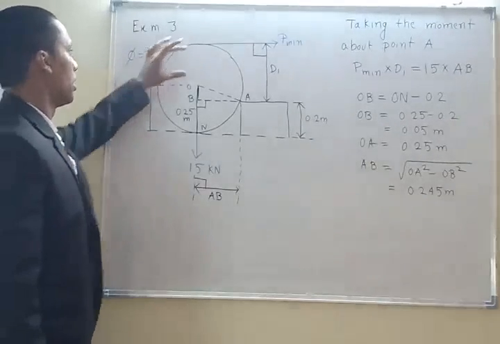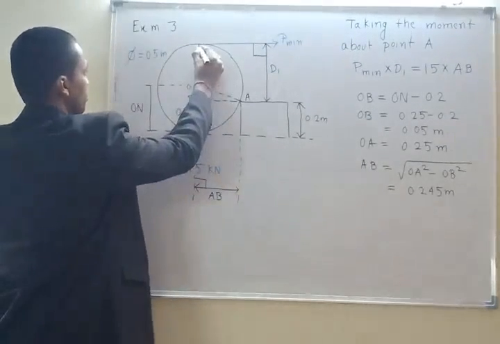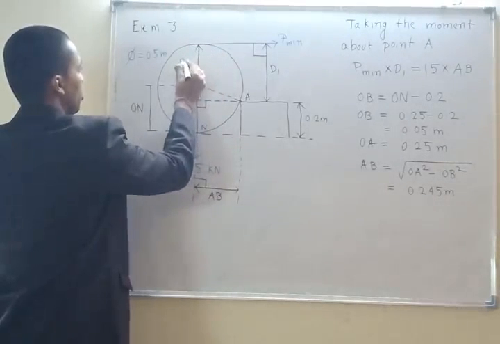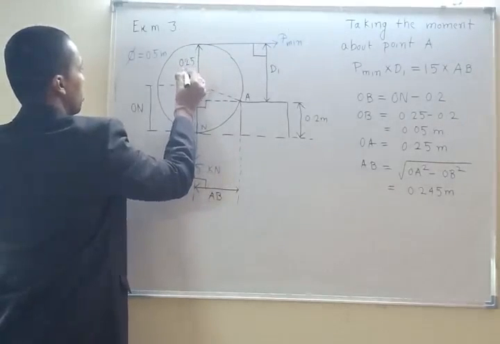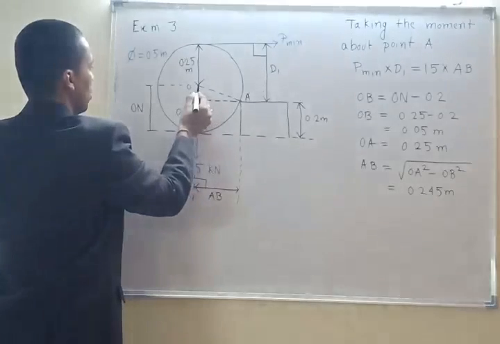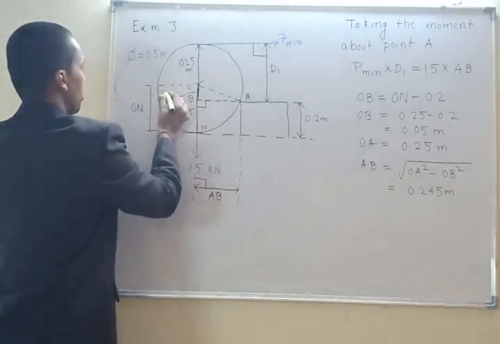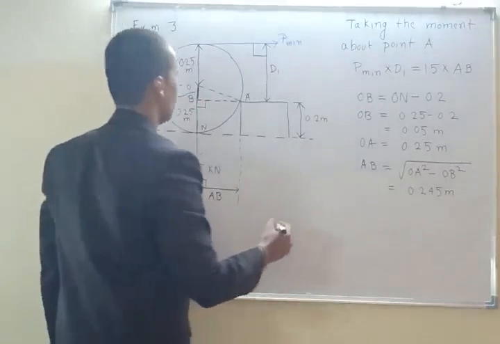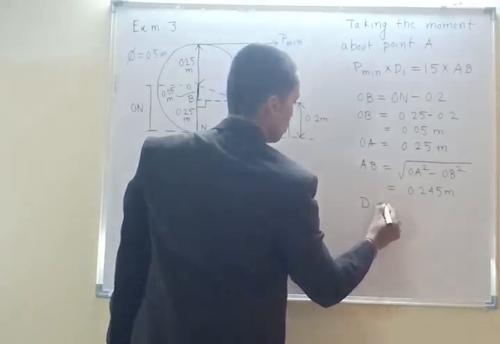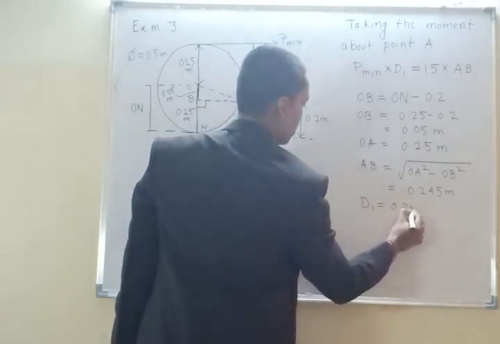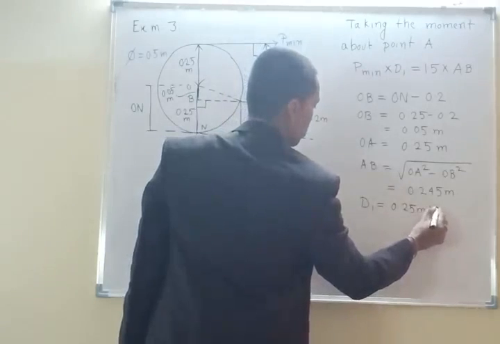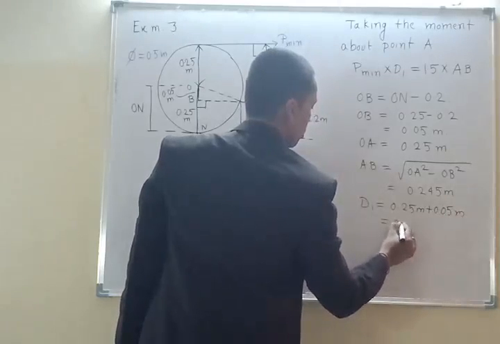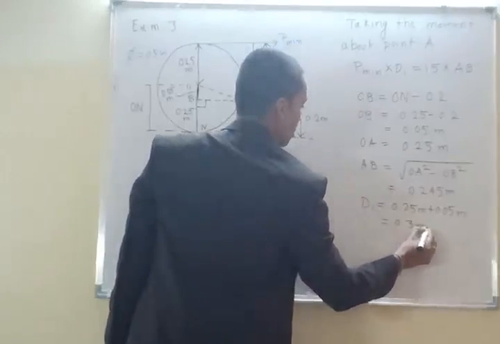What is D1? D1 is the radius, this one, 0.25 meter, plus this one, 0.05 meter. So D1 is equal to 0.25 meter plus 0.05 meter, which is 0.3 meter.